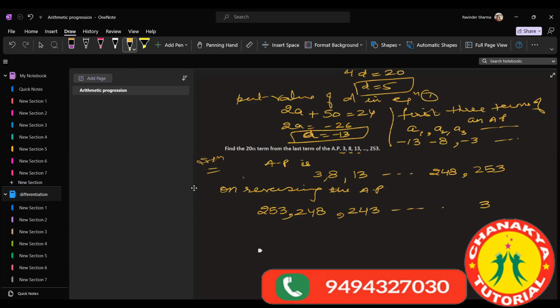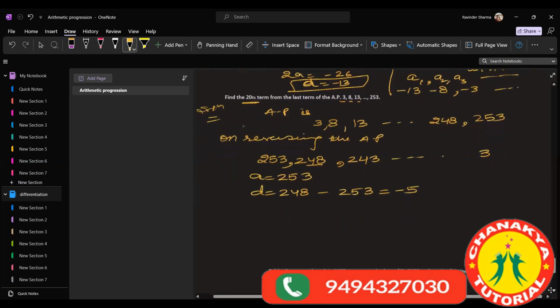Last term is 3. Now we have to find the 20th term. So now your first term is 253, right? And your common difference will be 248 minus 253, it will be minus 5. Am I clear, beta? Or is there any doubt? No, ma'am. Now the 20th term will be equal to A plus 19D, right?